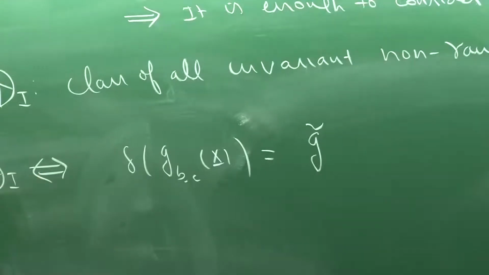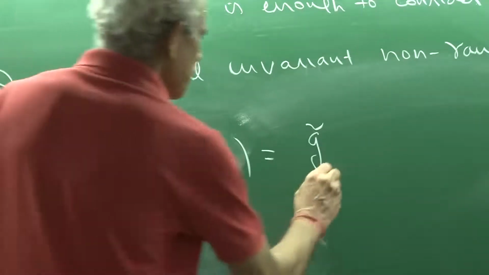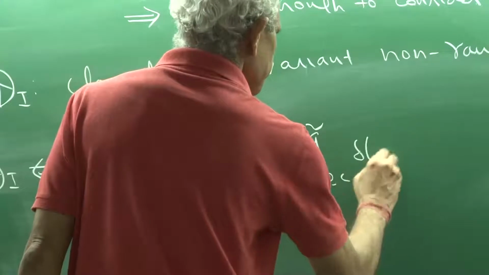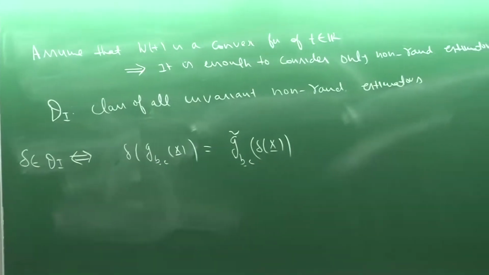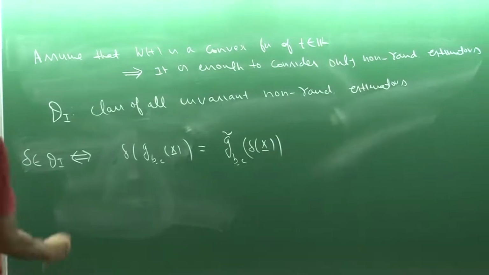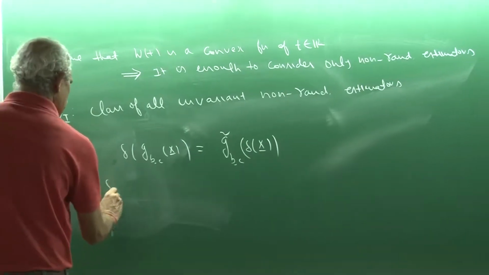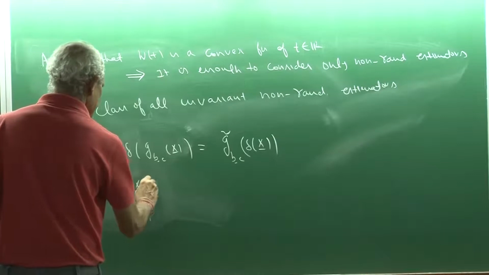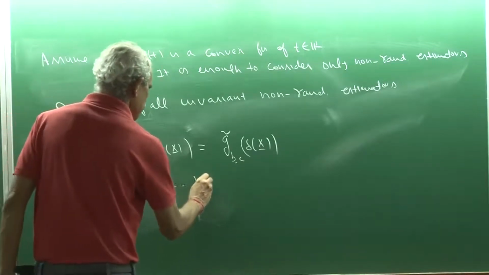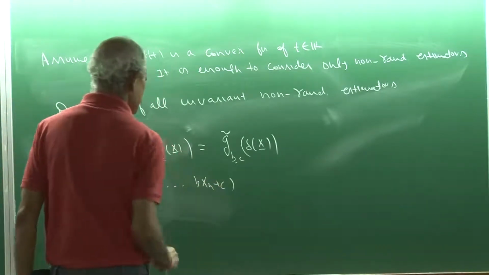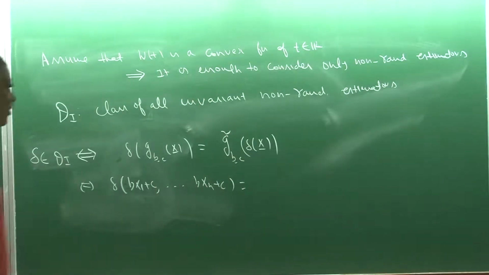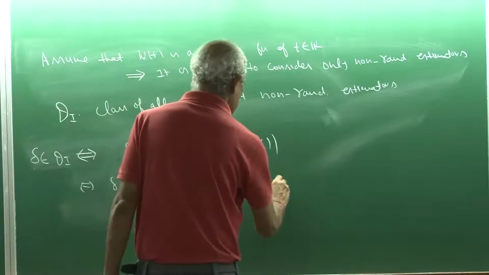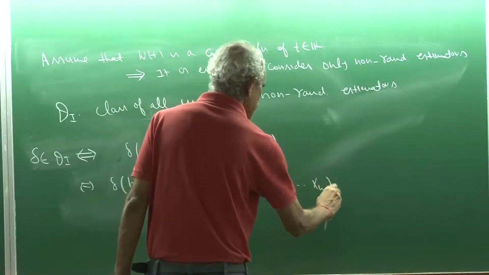That should be same as the estimator in the transformed problem, g tilde_BC of delta of x. This is equivalent to saying that delta of Bx1 plus C, ..., Bxn plus C is same as B times delta of x1, x2, ..., xn plus C.